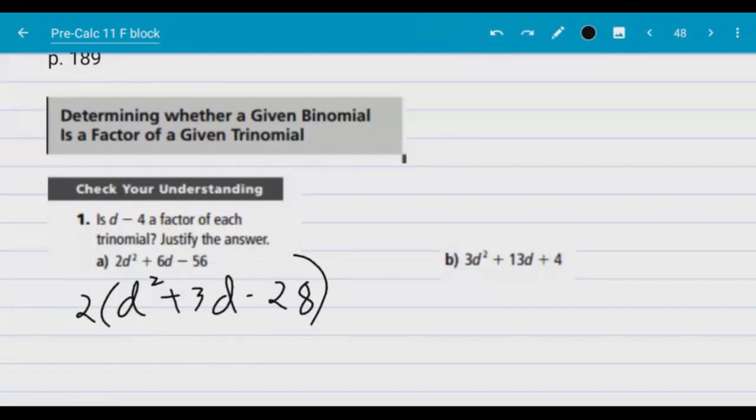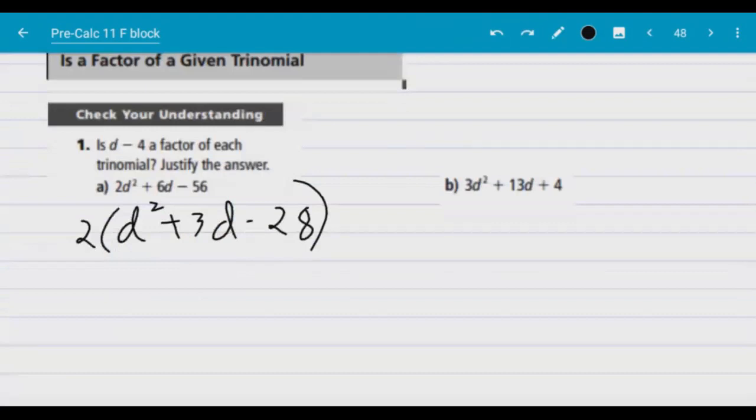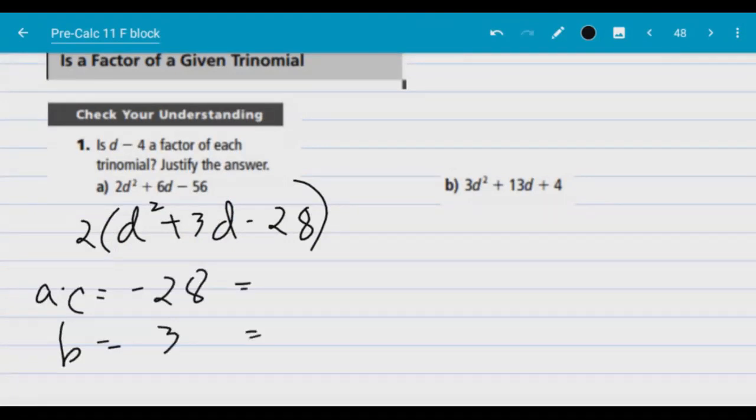All right. So we are looking for two numbers that multiply to negative 28, because our ac value is negative 28, while our b value is positive 3. So let's look at those numbers.